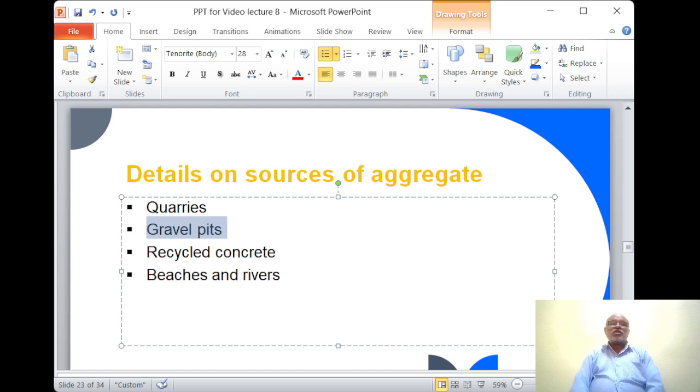The process of extracting aggregate from gravel pits typically involves the use of heavy machinery such as excavator, bulldozer, and conveyor belt. The extracted materials are then processed to separate the different sizes of aggregate before being transported to construction site for use.